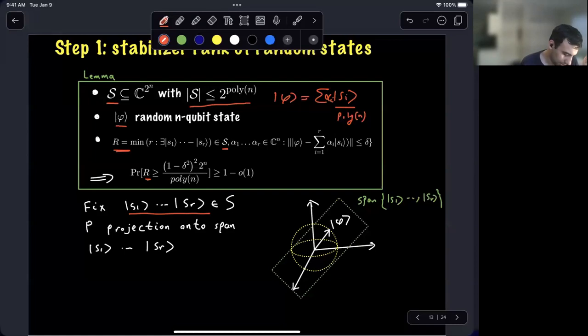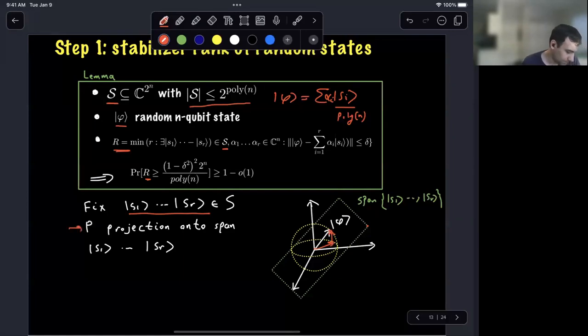So in this picture, you have your random state phi, and you have this subspace spanned by S1 to SR. For fixed vectors S1 to SR, you can always decompose your random state into 2 parts: some part that is inside this subspace, and some orthogonal part.